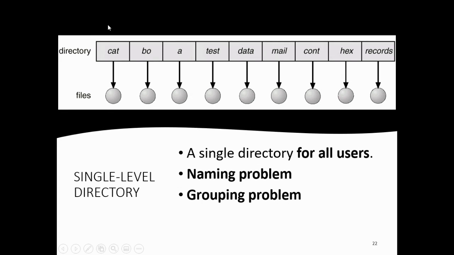In the single level directory, the operating system will set the directory or the folder here, and each of the folders or directories has their own files. In this case, you have 1, 2, 3, 4, 5, 6, 7, 8, 9. So 9 directories or 9 folders. Each folder has a file, which makes 9 files.